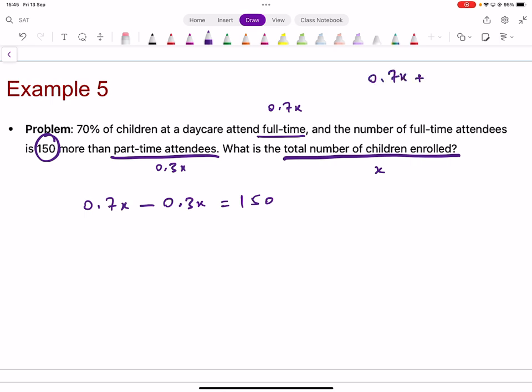0.7x plus, why would you add it twice? Plus 150 equals x. How would that make sense?